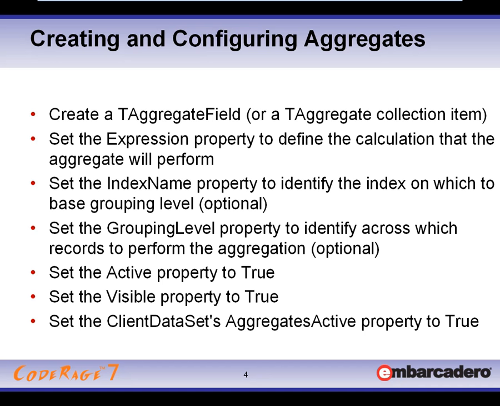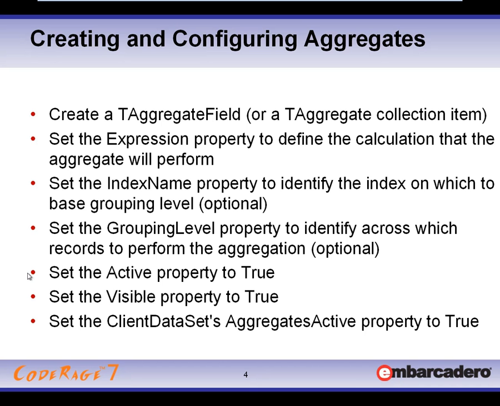That index is going to have, at a minimum, at its first level the customer identifier, whether that be account number or customer name or some other element that you can use to identify how the grouping is going to occur. So the index and then this next item, grouping level, together are used to define how the calculation is performed and across which records that grouping is performed.